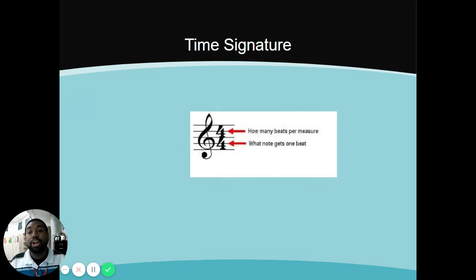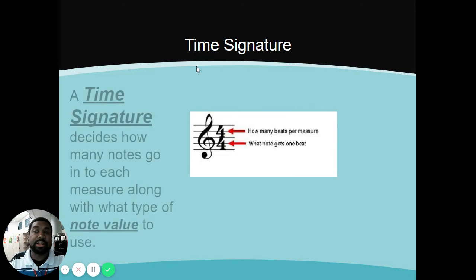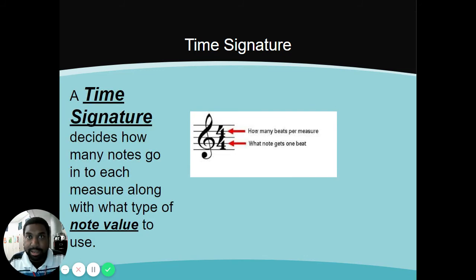Now, what you see here, these two numbers, they look like a fraction, but in music it is called a time signature. I'm not going to explain this. All I want you to do is when you see these two numbers on top of each other in the staff, just say time signature.